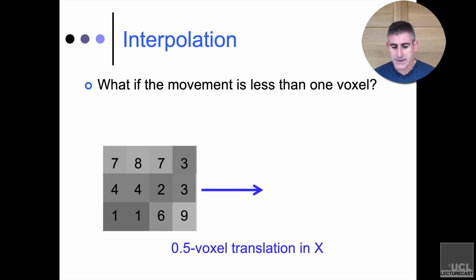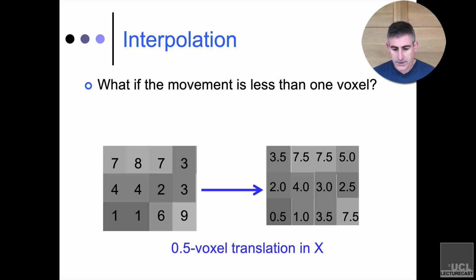So I'm just going to illustrate the same thing with only a half voxel translation to the right in this case. And one of the consequences of this is that you now just have to average the two voxels. So the 7 and 8, which have moved half a voxel over, now become a 7.5. Similarly, the 8 and the 7 have become a 7.5, and the 7 and 3 have become a 5, because I've added them together and divided by 2.